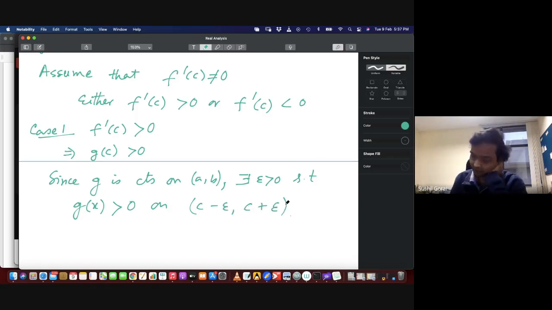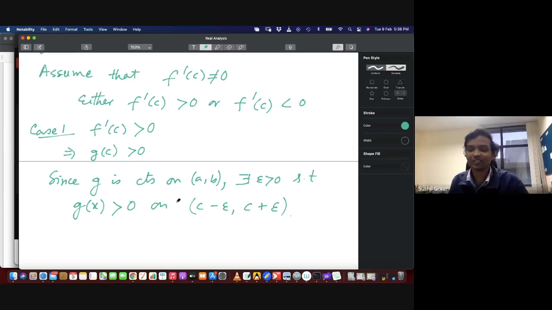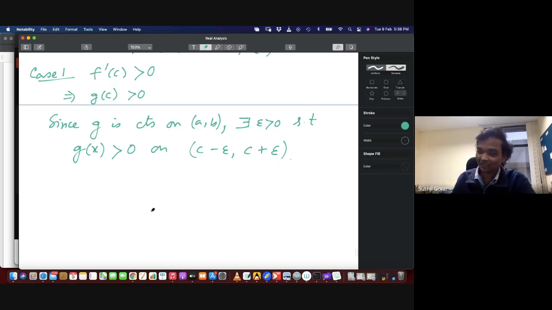So is this clear? Continuity gives you this: a continuous function, suppose it is greater than 0 at one point, then it will be greater than 0 in a neighborhood. Is this clear? Yes, sir. Yeah, this is also last semester's thing.